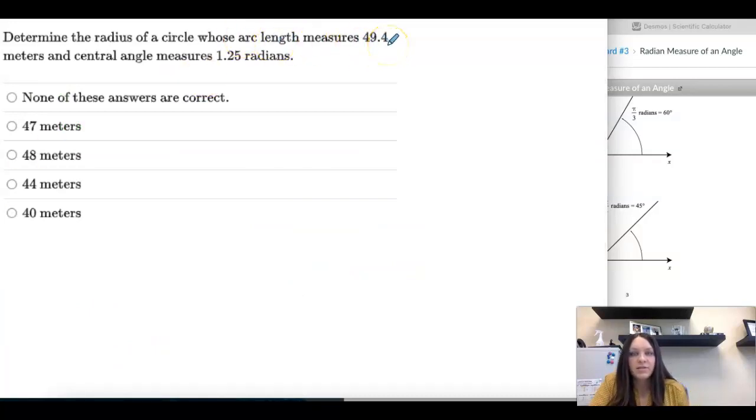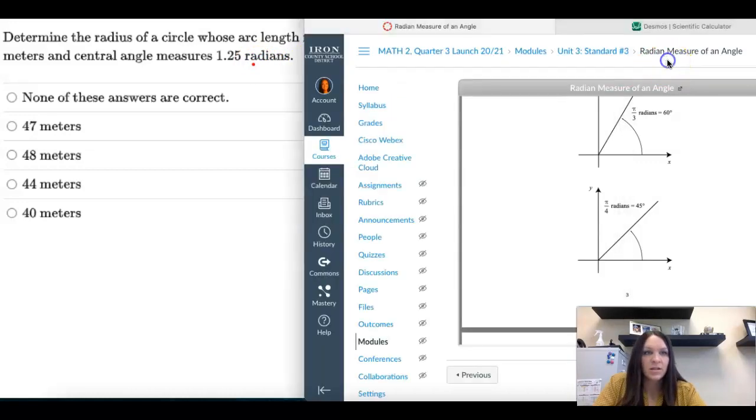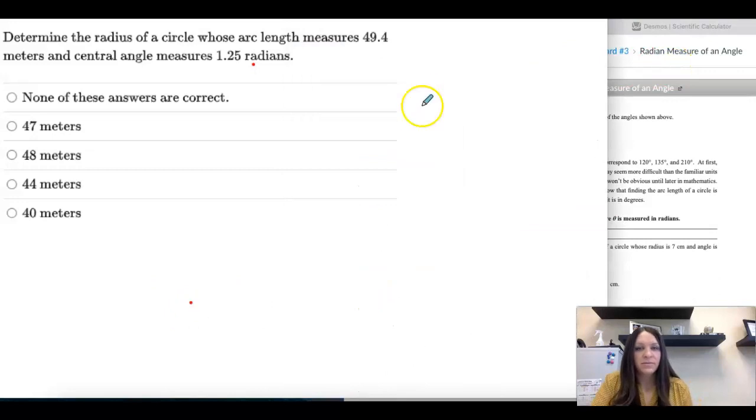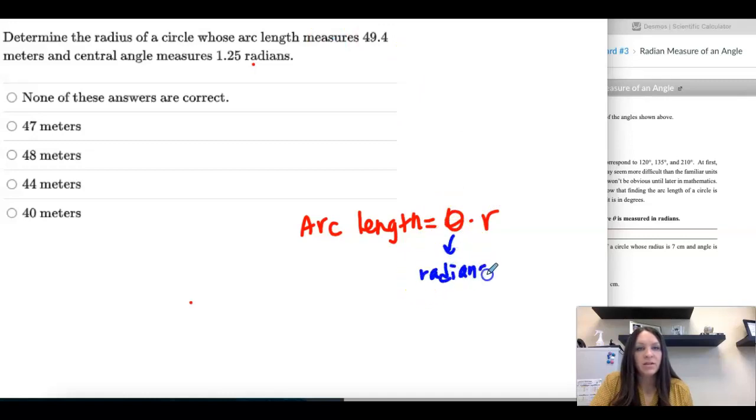Determine the radius of a circle whose arc length measures 49.4 meters and central angle is 1.25 radians. So we're going back to this formula, arc length equals theta times r. Theta is radians, and r is radius.